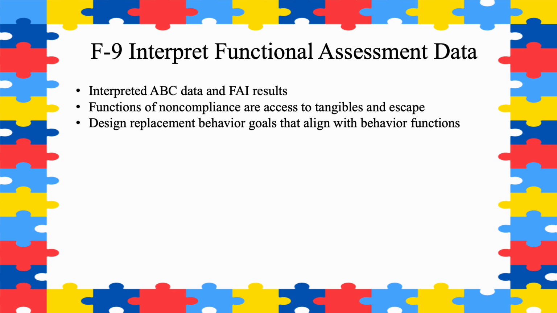Based on that data, it was determined that the functions of her noncompliance are access to tangibles and escape, as both of these accounted for the highest percentages of occurrences during the observation period. As previously mentioned, access to tangibles accounted for 49% of occurrences, and escape accounted for 40% of occurrences.